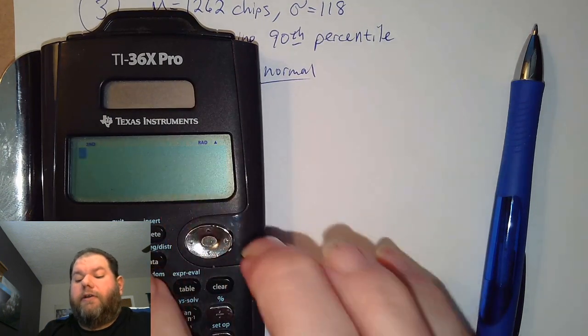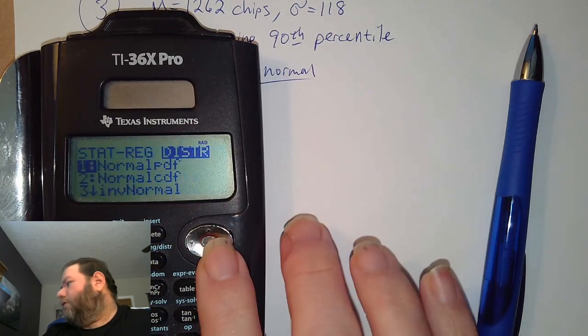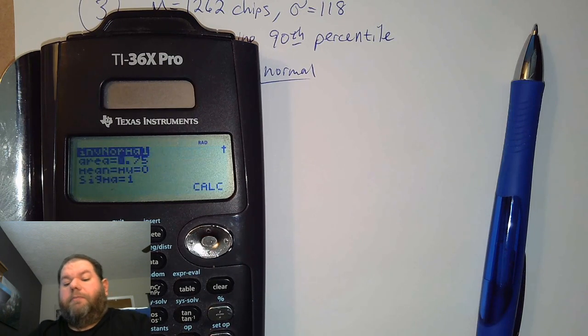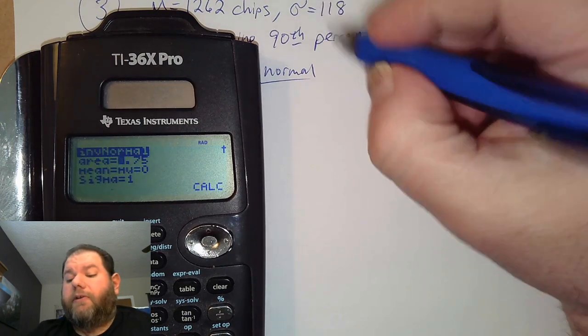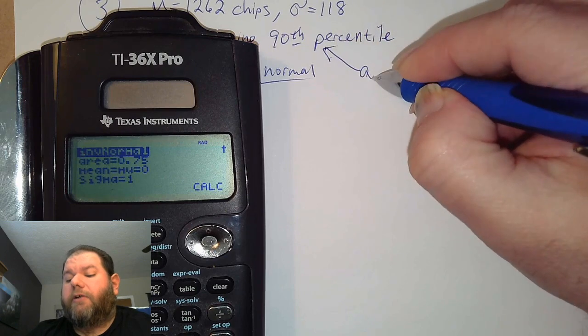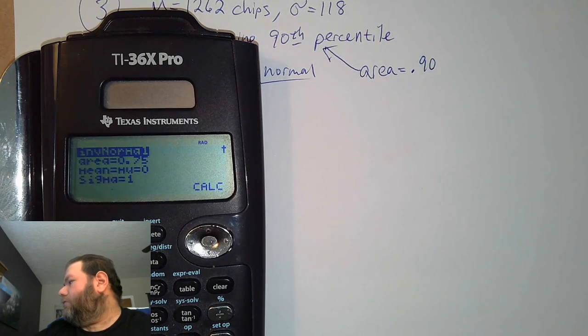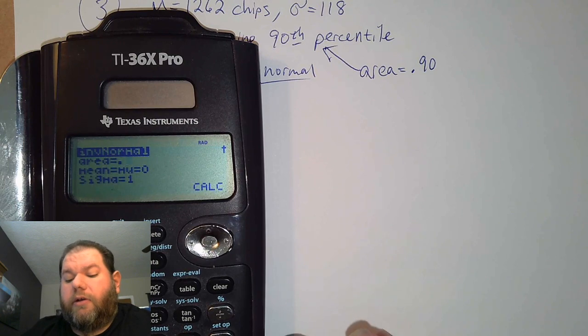Now, we go to second, distribution. Let's see, inverse normal is the third option there. Now our area, this is our percentile. So 90th percentile means area is 0.90. So basically we just take our percentile and translate that into a decimal.